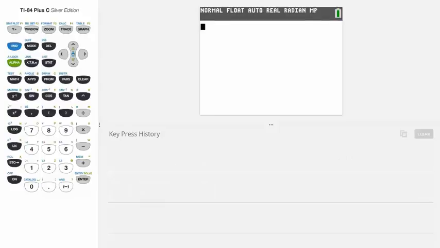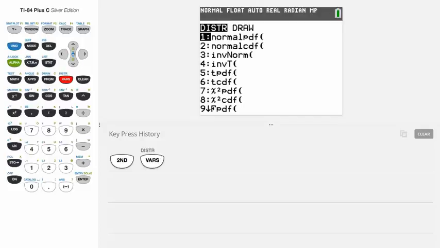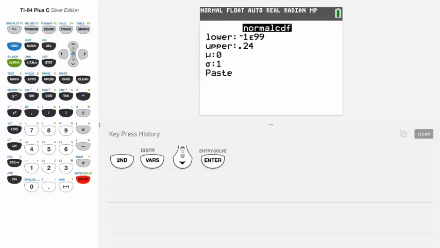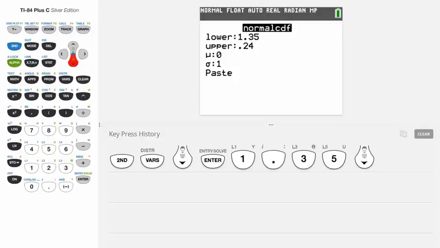If my calculator has the stat wizard, I still use second, distribution, and number 2, normal CDF, enter. This time, lower limit is my z-score, 1.35. My upper limit, I can use a really big number.